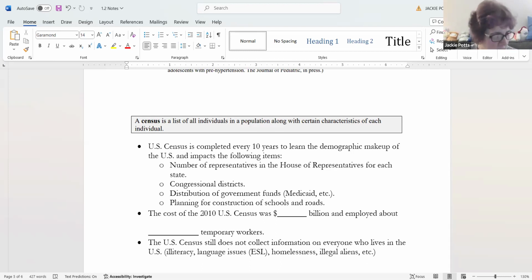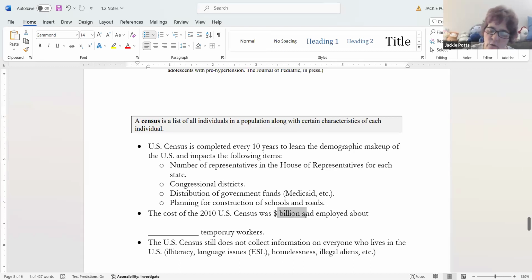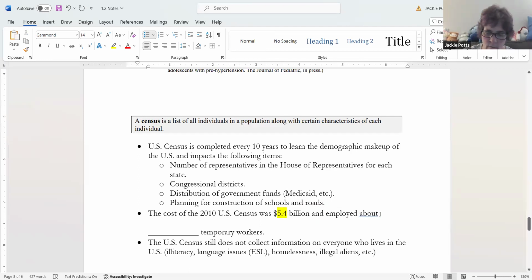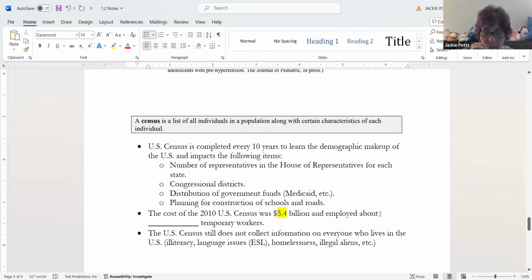In 2010, the census cost, you ready? 5.4 billion. And they employed approximately 635,000 temporary employees.